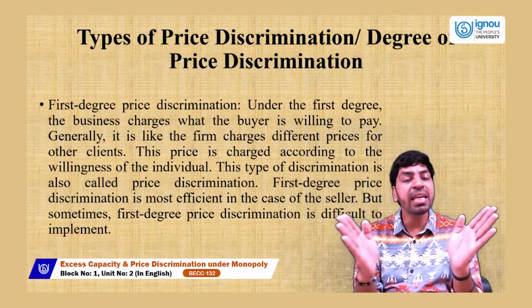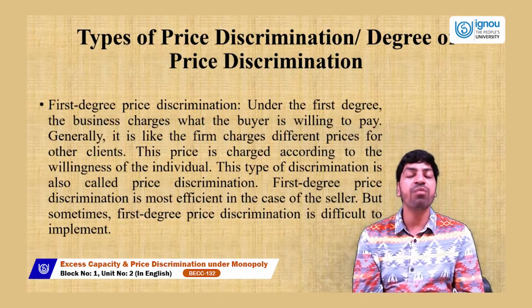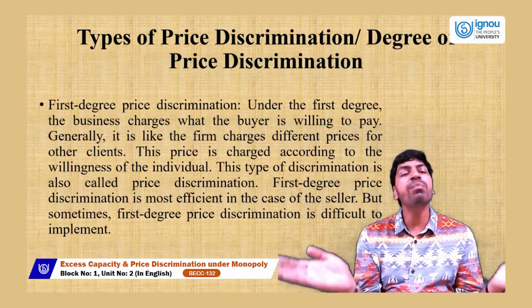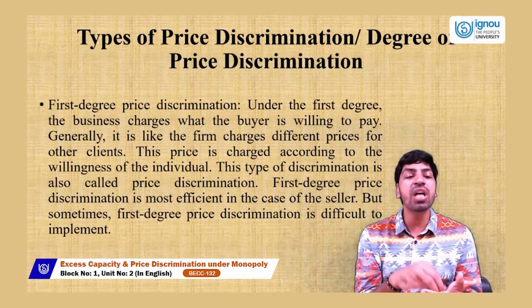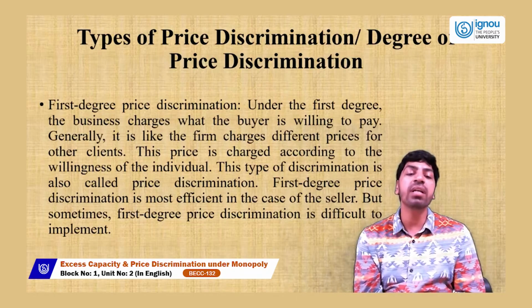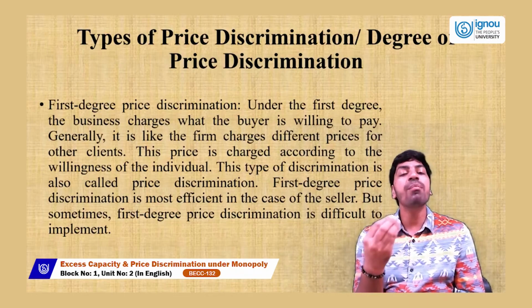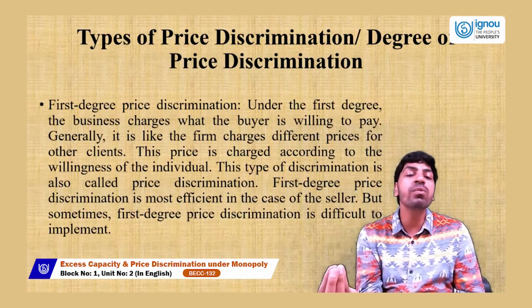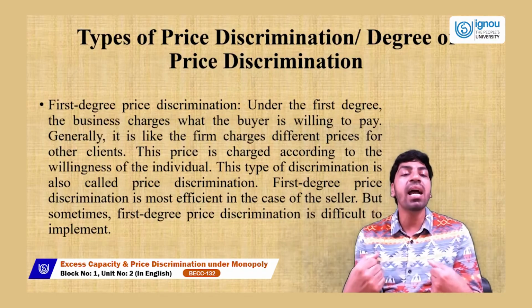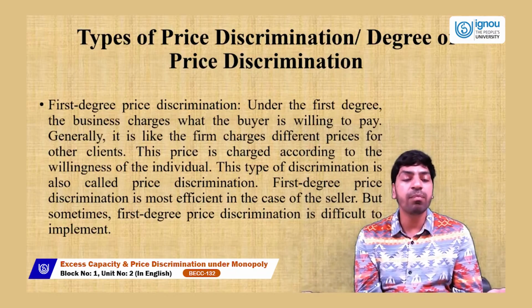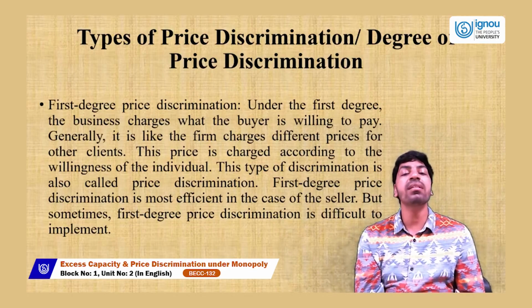In this degree, the firm charges different prices to different clients according to the willingness of the individual. So if my willingness to pay for a new mobile phone is 10,000, the business charges me 10,000 for that mobile phone. That is called the first degree price discrimination.